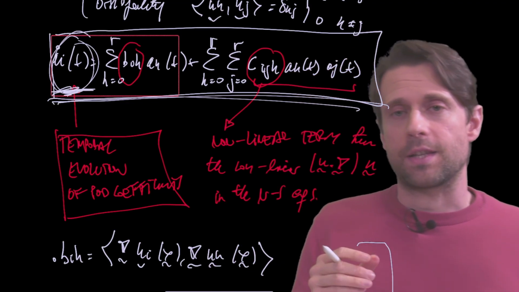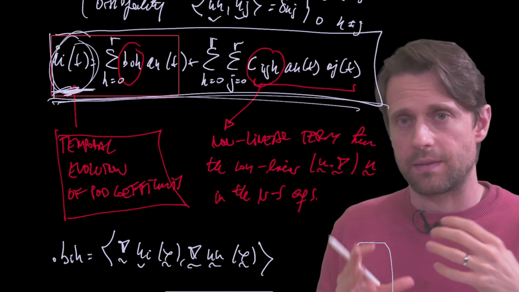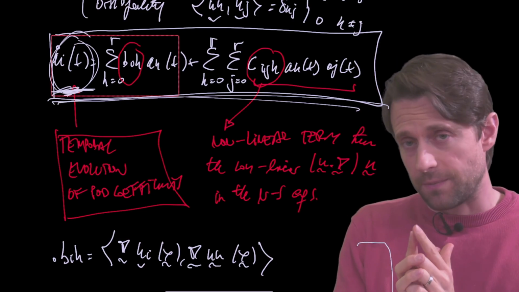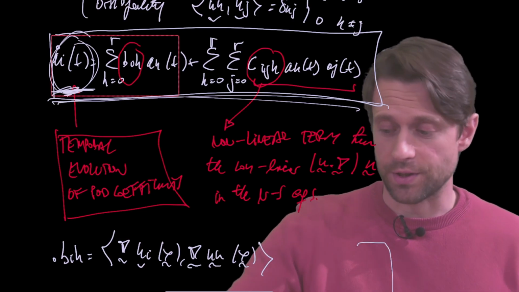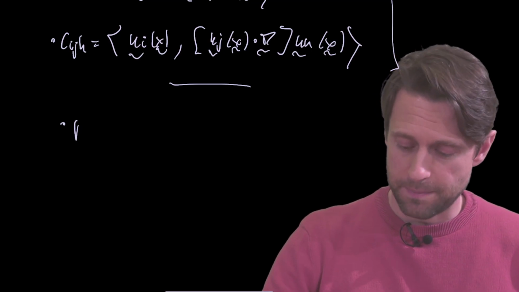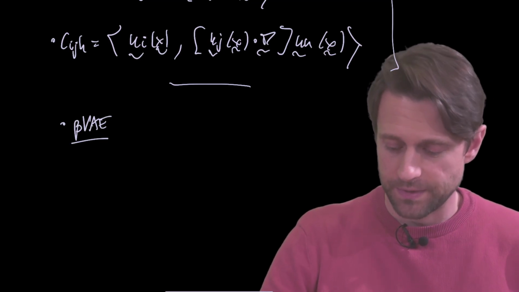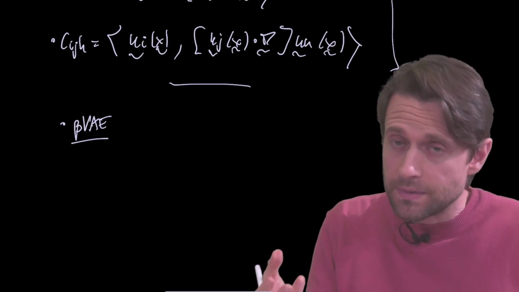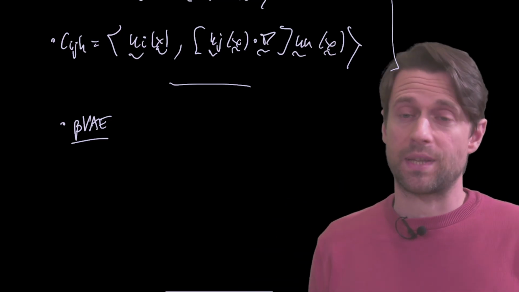An alternative, and that's something that we have proposed in my group and that we believe has tremendous potential: instead of doing POD, you can use beta variational autoencoders. Let me give you a little recap. If you do a beta variational autoencoder, you can do something like POD, but with non-linear methods, with an autoencoder.